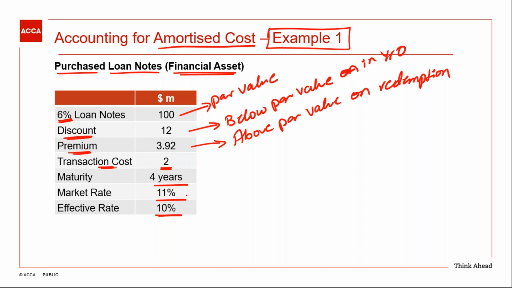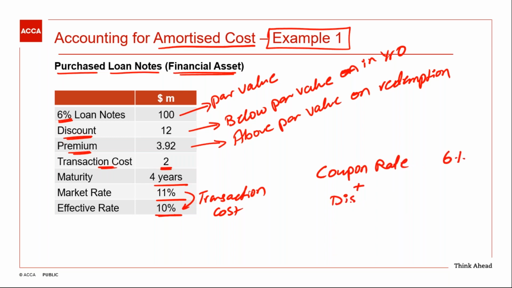Basically, the difference between both the rates is the transaction cost. So normally what happens is that if we see the coupon rate, which was 6% in this, if we add the discount and the premium in the coupon rate, that actually becomes the market rate.